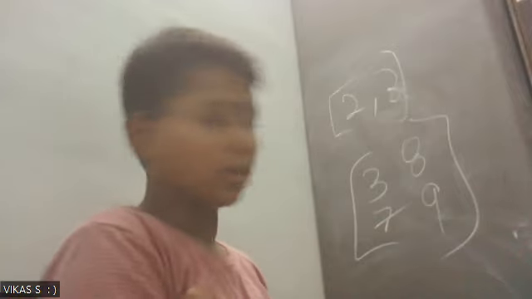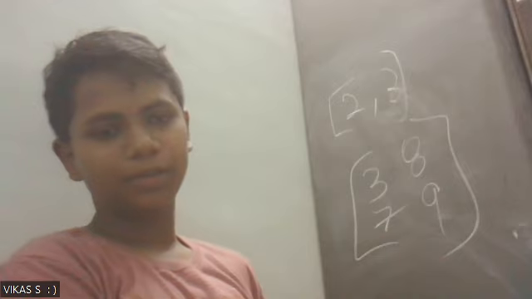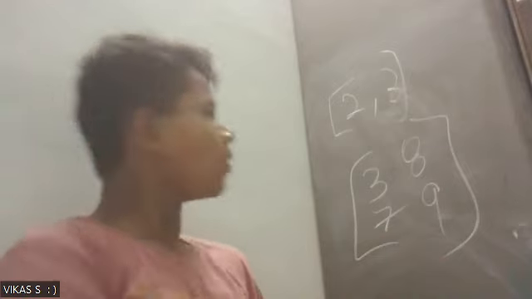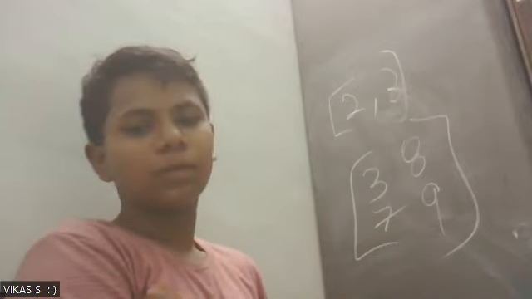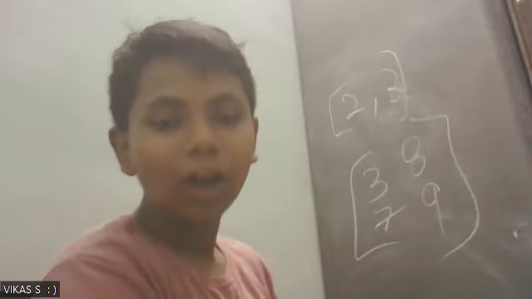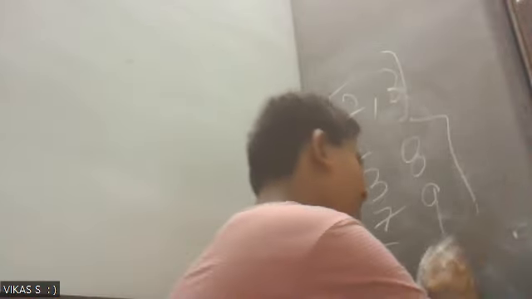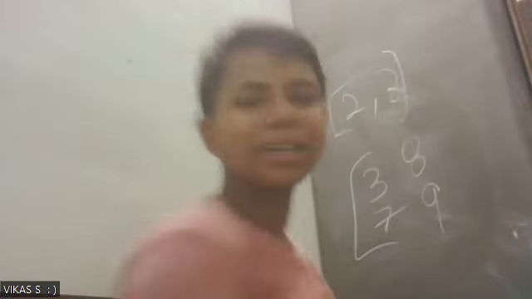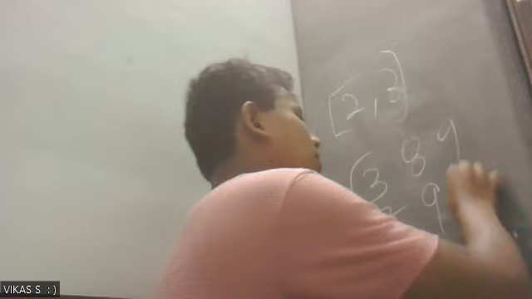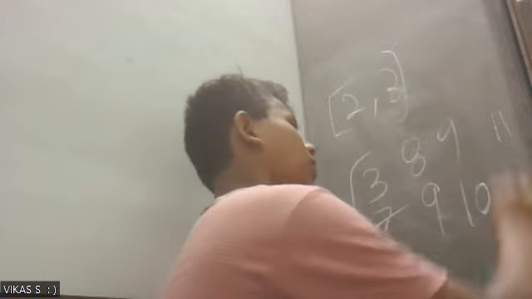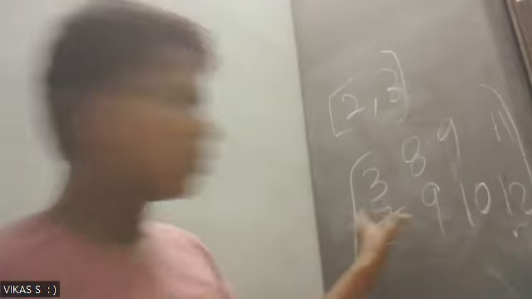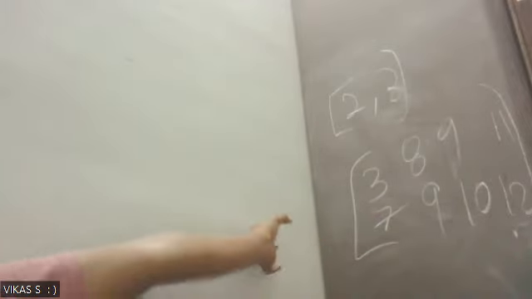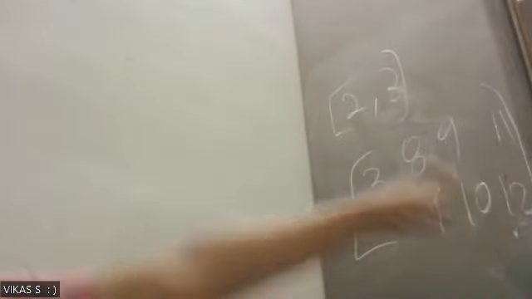This is a rectangular matrix. Why? Because this is actually not a square matrix. You guys got confused, huh? Simply, then 9, 10, 11, just random numbers. So these are called rectangular matrices.